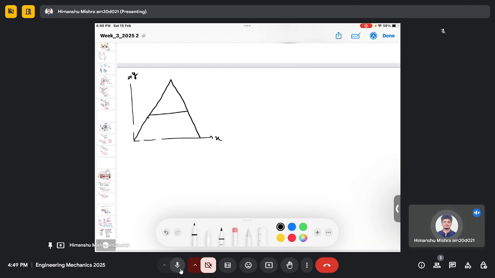Let me define a very small element. So usually in this problem, I define the small element as a line. I can also define the small element like a shape of square or shape of triangle. But the problem is in order to evaluate this small patch, you need a small area element.